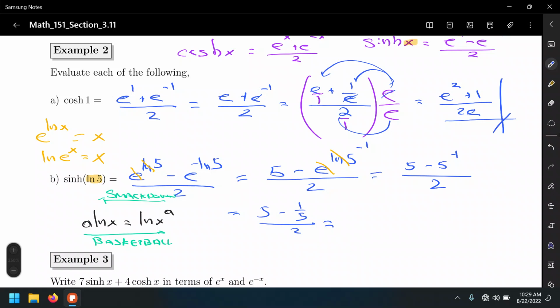We can subtract 1/5 from 5. If we write the number 5 with denominator 5, this would be 25 over 5 minus 1 over 5 over 2, leading us to 24 over 5, the whole thing over 2.